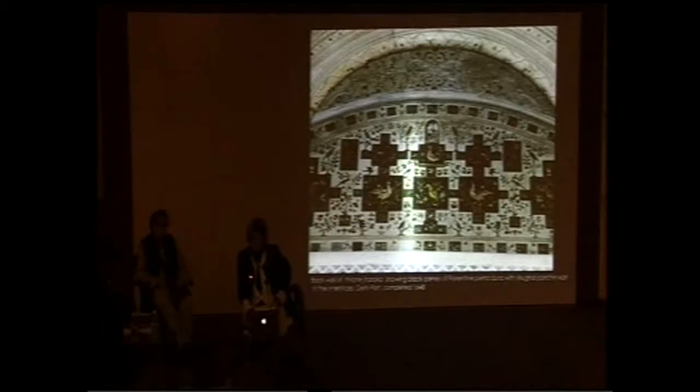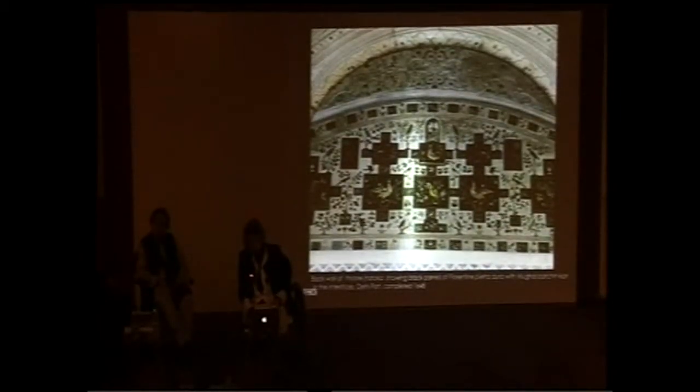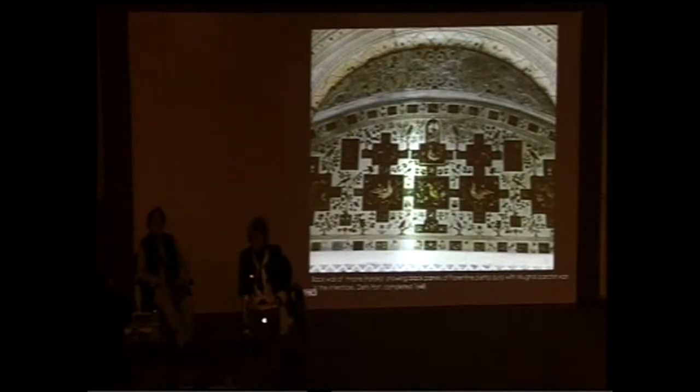And the evidence for this is the great throne wall in Delhi, the wall behind the throne, where we have Florentine pietra-dura work. This is black tablets, supplemented by Mughal pietra-dura work.